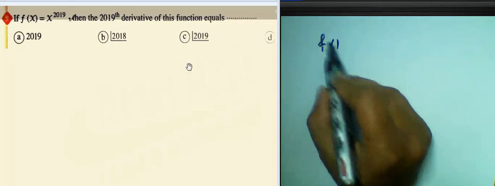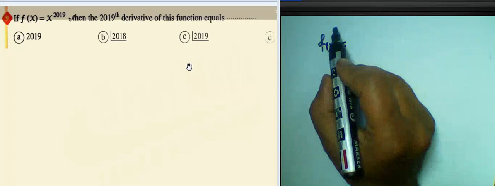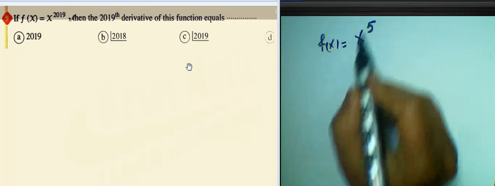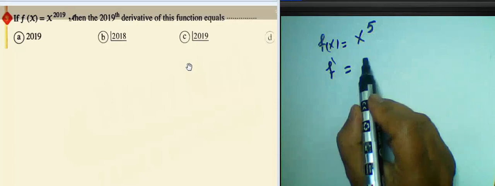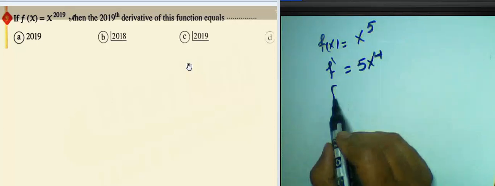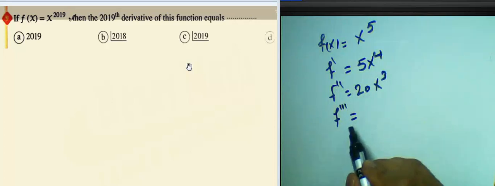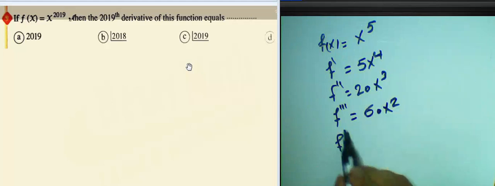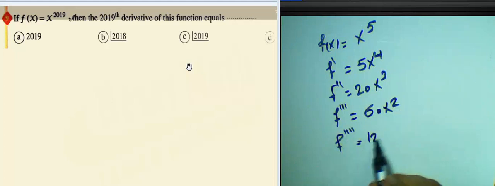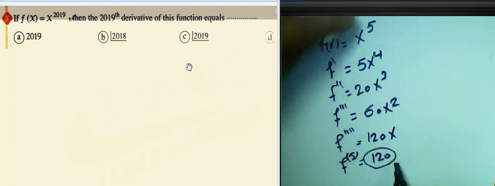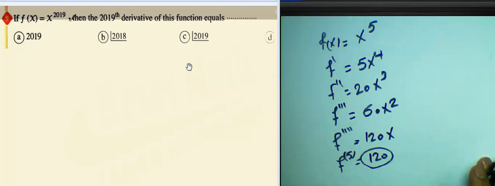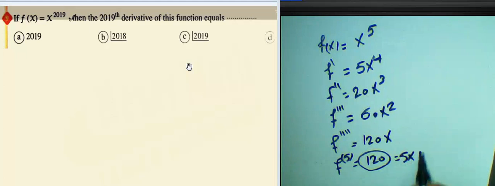If we have f of x equal x power 5, then f dash will be 5x^4, f double dash equals 20x^3, f triple dash equals 60x^2, the fourth derivative equals 120x, and the fifth derivative will be 120. 120 is the factorial of 5, because 5 times 4 times 3 times 2 equals 120.